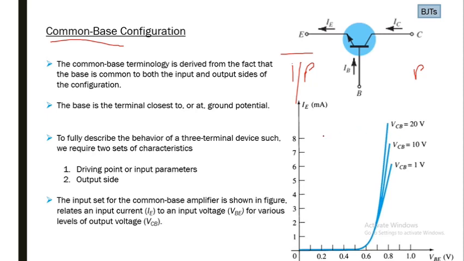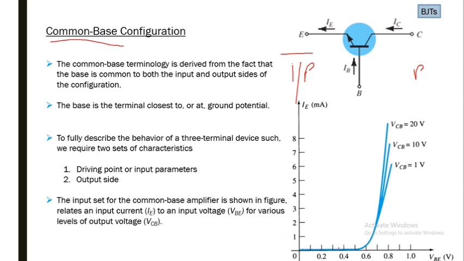As we have already said, we normally make the base emitter junction forward bias. So if you think of a PN junction which is forward bias, and let's consider the semiconductor material used is silicon, then these characteristics are similar to that of a forward bias diode.